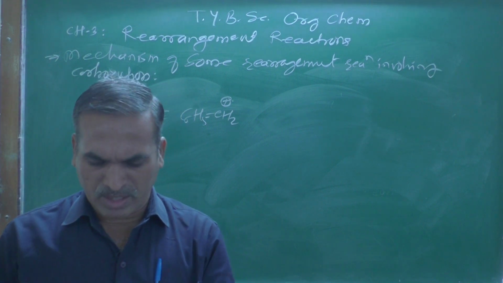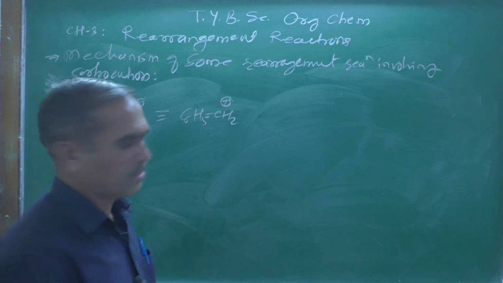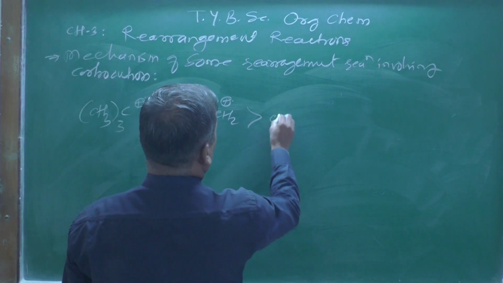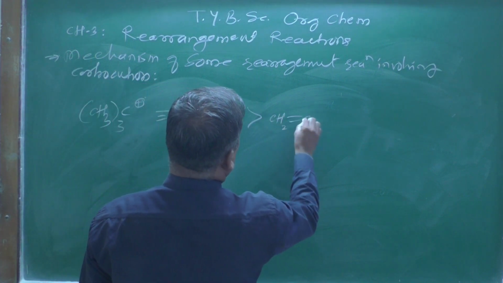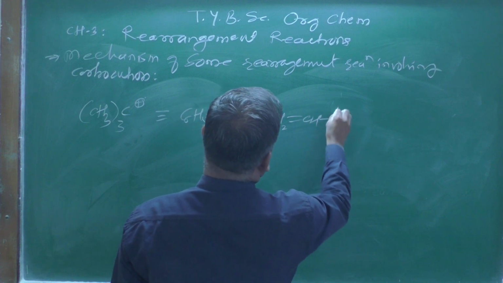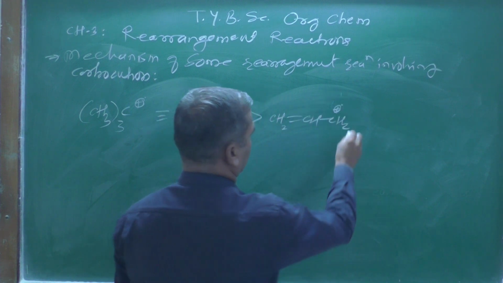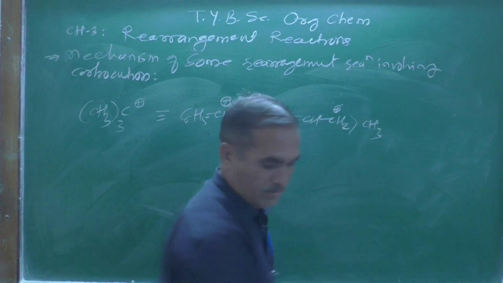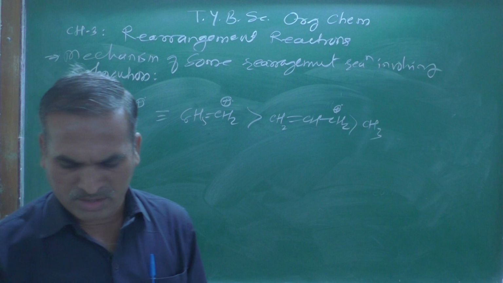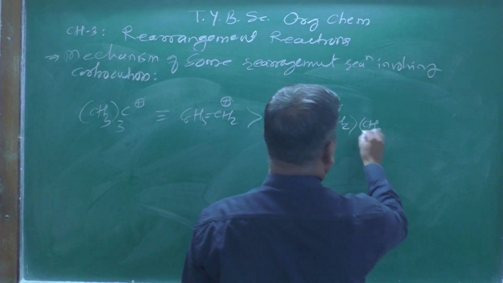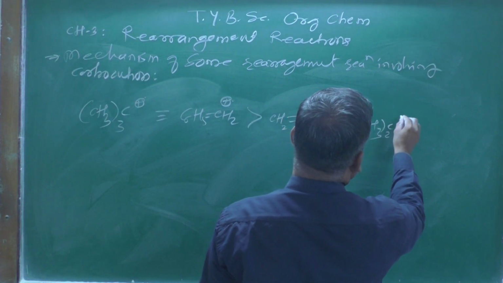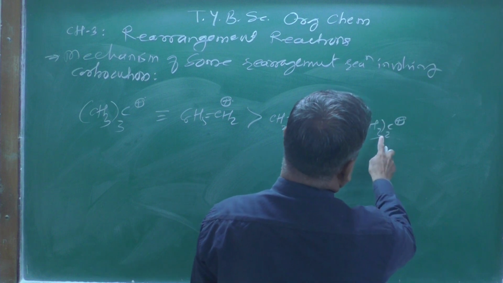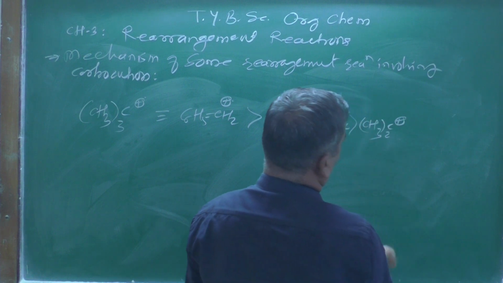The next one may be CH2=CH-CH2 positive, which has a similar stability. Then the next one may be CH(CH3)2 with a positive charge, a secondary carbocation.